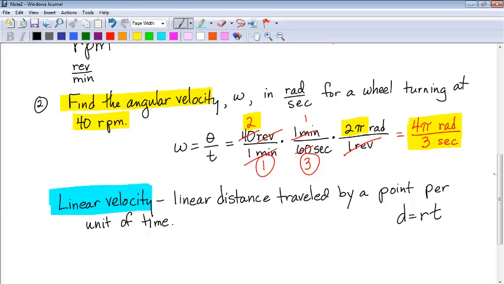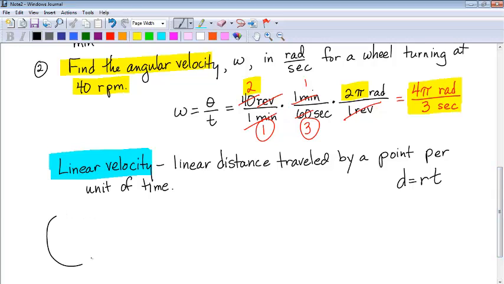If I was doing angular velocity, I'm looking at what angle it maps out per unit of time. But if I'm doing linear velocity, I'm asking what distance it maps out per unit of time, not the angle. In trig we're not using d for distance, we're using s. Let me do this a different way.